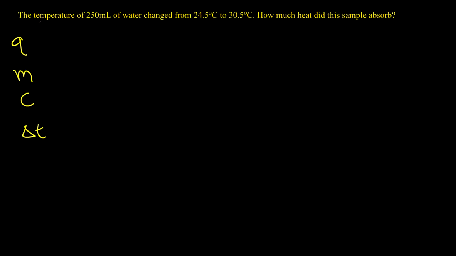Now let's pick out our variables. First one I see is 250 milliliters of water. Well, that's a volume. Milliliters is a volume. I don't have volume in my problem, I have a mass. So what do I do with volume? Well, if you don't know the conversion for volume of water to grams, it's pretty simple. For water, 1 milliliter equals 1 gram.